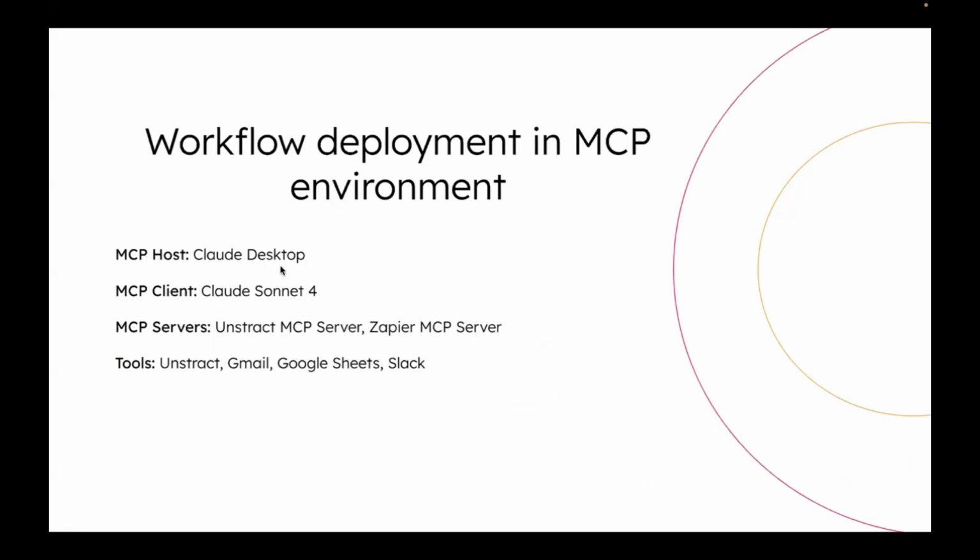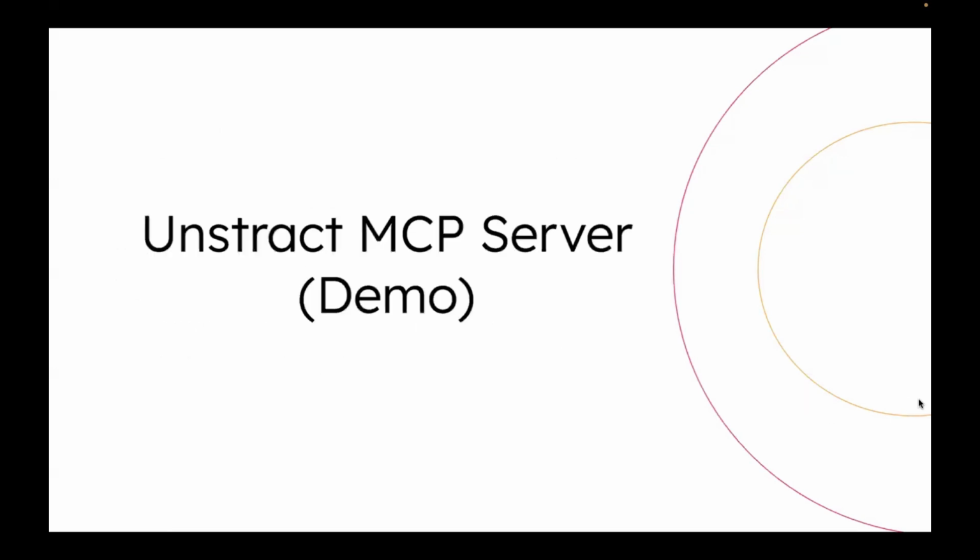We're hosting on Claude Desktop. The MCP client in this case is Claude Sonnet 4. And the MCP servers we're using are the Unstract MCP server, as I mentioned earlier, to access Unstract in the MCP environment. And for the other tools, which are Gmail, Google Sheets, and Slack, we'll again be using the Zapier MCP server. So that said, let's move on into the demo.